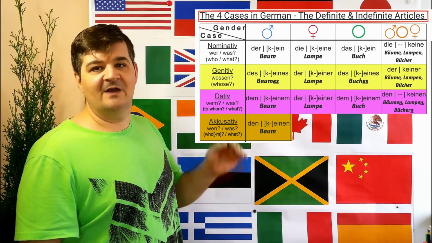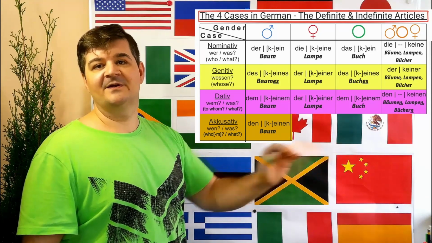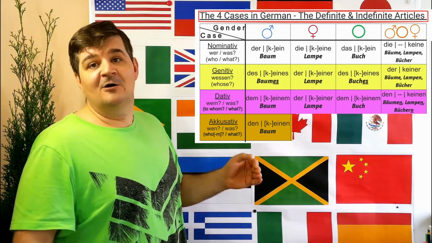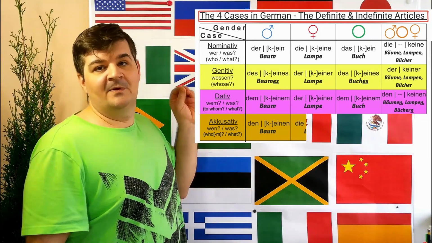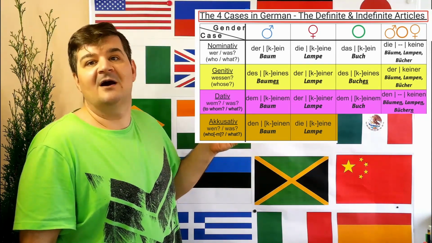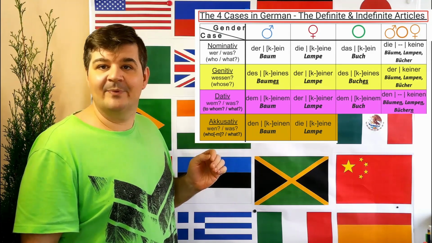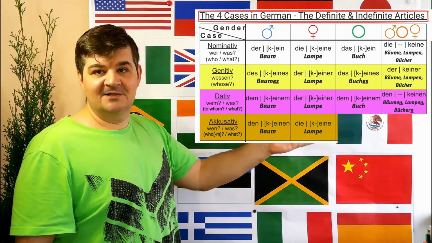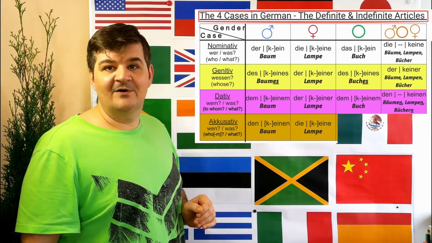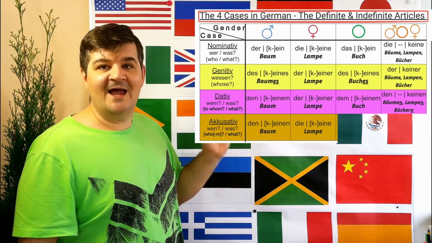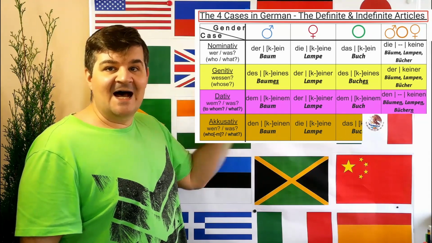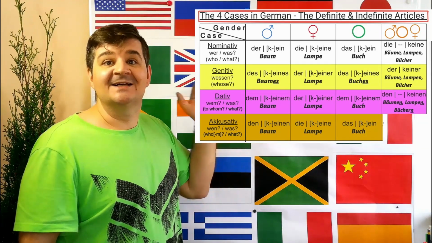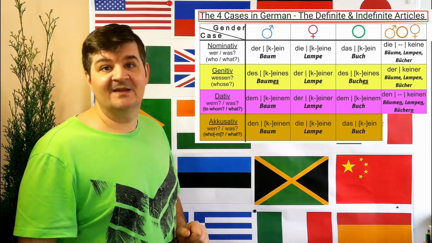And as I told you, if you have a look at the rest of it, it will simply repeat the nominative case. So we will have here die Lampe, or now indefinite, eine Lampe, and the opposite, keine Lampe. Same thing here for the neuter case. You will have here das Buch, ein Buch, or the opposite, kein Buch.